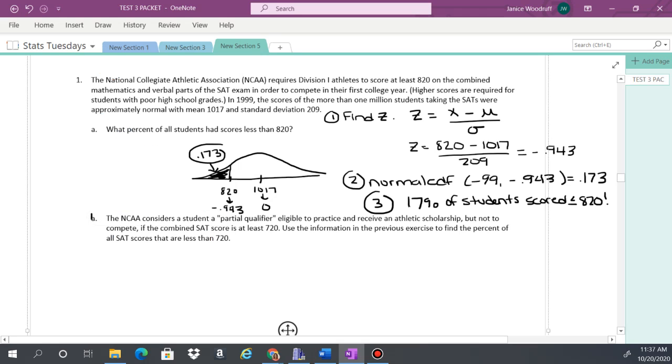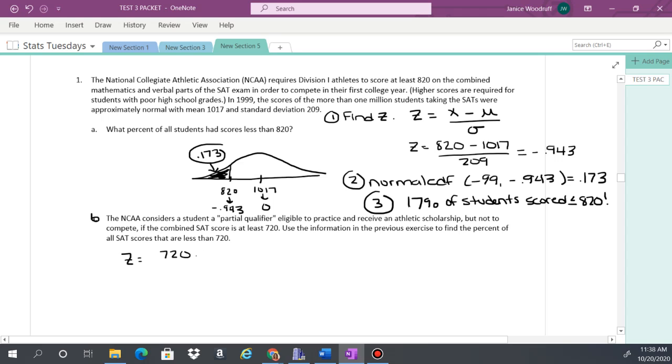Anyway, there we go. The NCAA considers a student a partial qualifier, or eligible to practice and receive an athletic scholarship but not to compete, so basically redshirt, if the combined SAT score is at least a 720. So use the information in the previous exercise to find the percent of all SAT scores less than 720. So you're doing the same thing, the x just changes to 720. You don't even really need to draw it out.